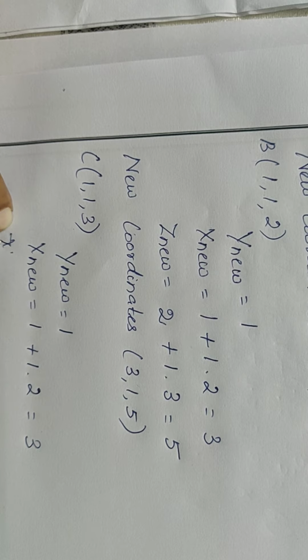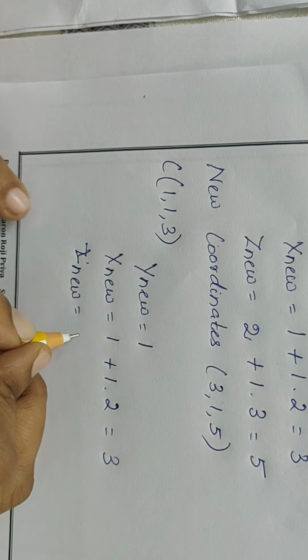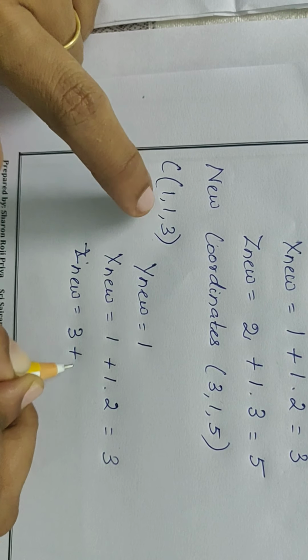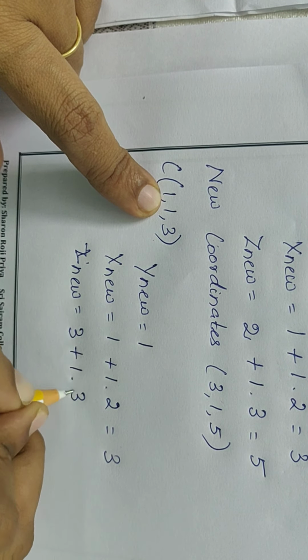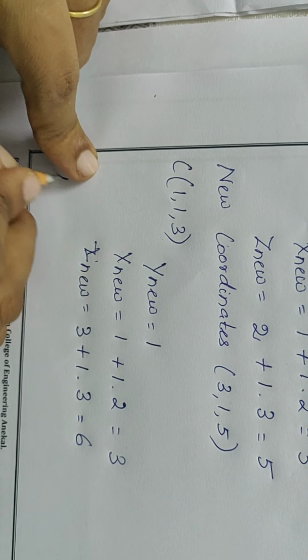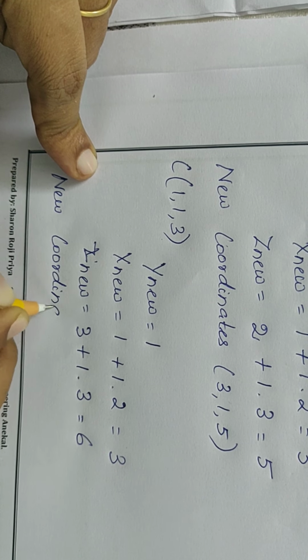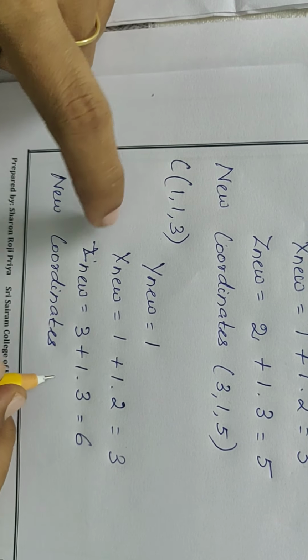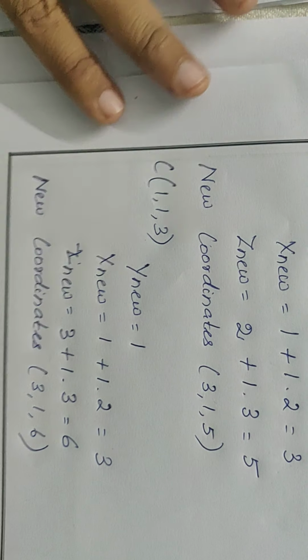Similarly, z new will be z old 3 plus y old 1 into shear factor along z axis, it is 3. Right? So it is 6. Coming to my new coordinates, x, y, z, it is 3, 1, 6.